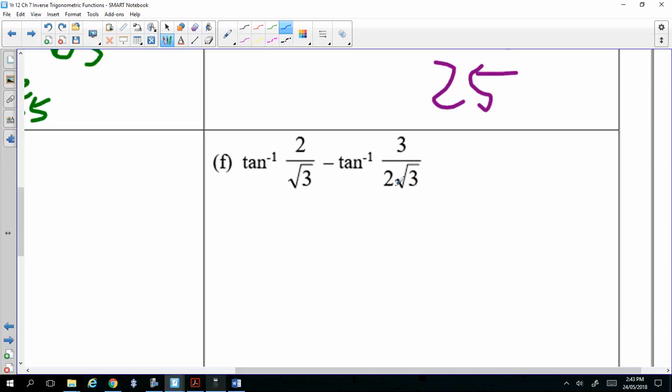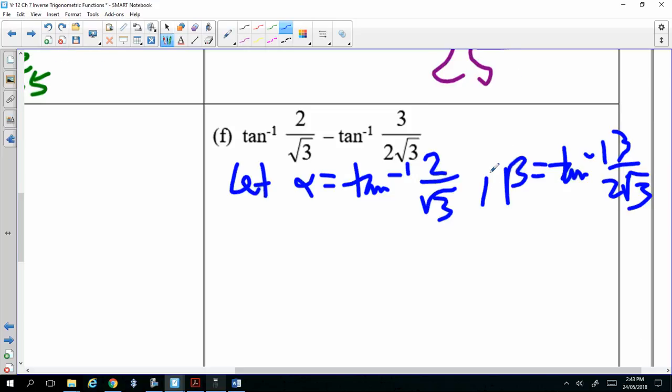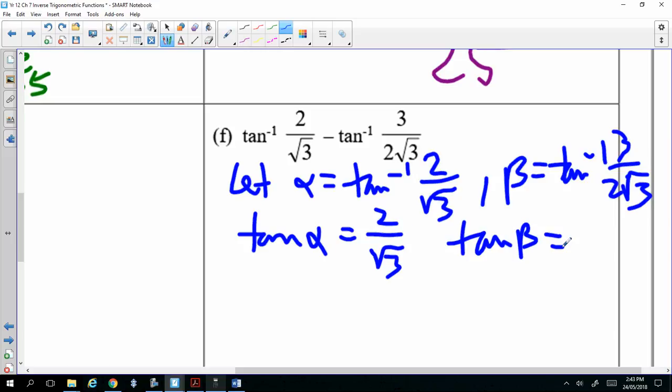So you just write tan alpha is 2 over root 3. Tan beta equal to 3 over 2 root 3. And then what you do is this. So this now becomes alpha minus beta. So we're going to work out what this is equal to. Because this is alpha, that's beta.